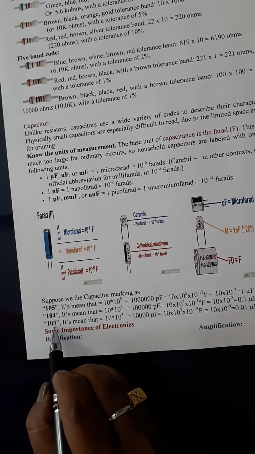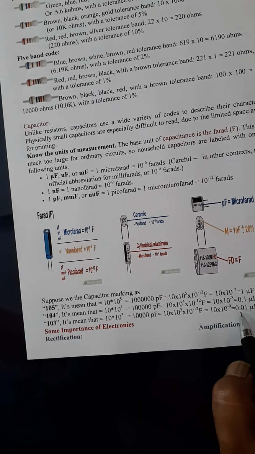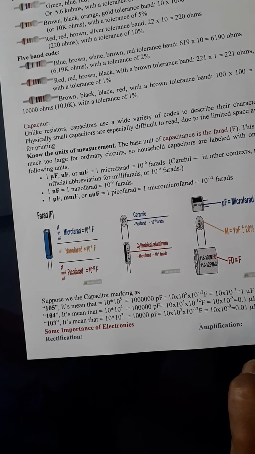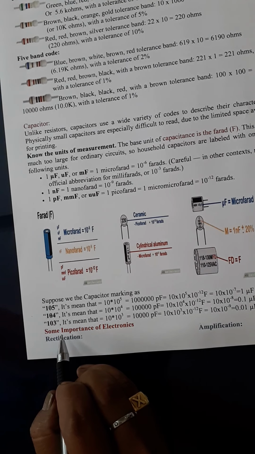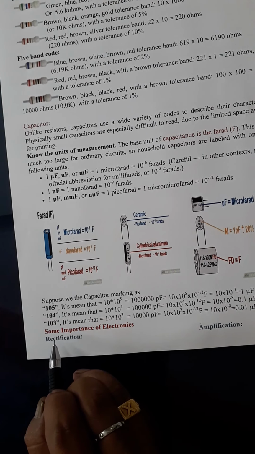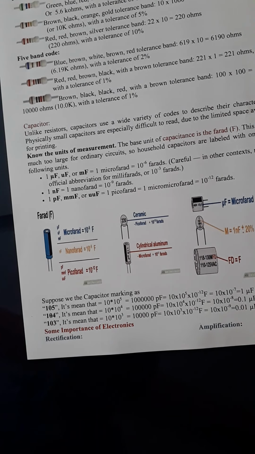In the same way, 103 becomes 0.01 microfarad. So what about 102? This is 0.001 microfarad. So this is how we calculate the values of a ceramic capacitor.